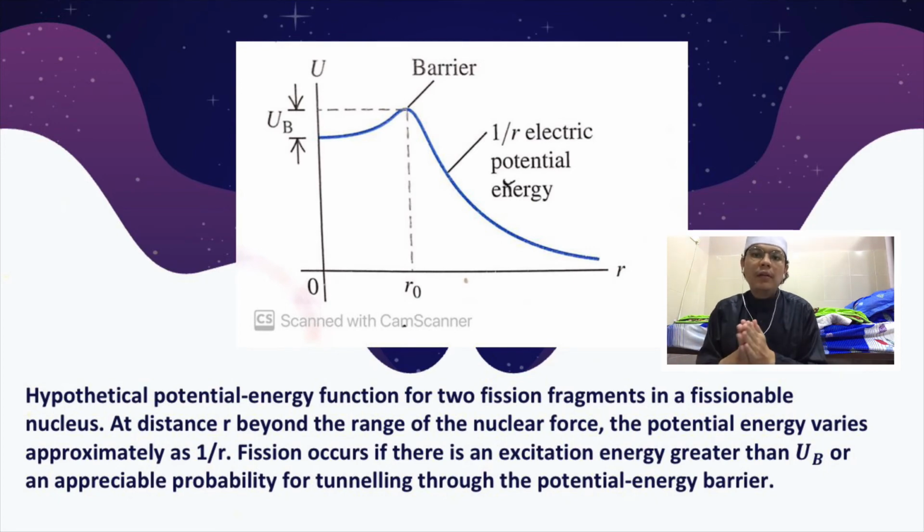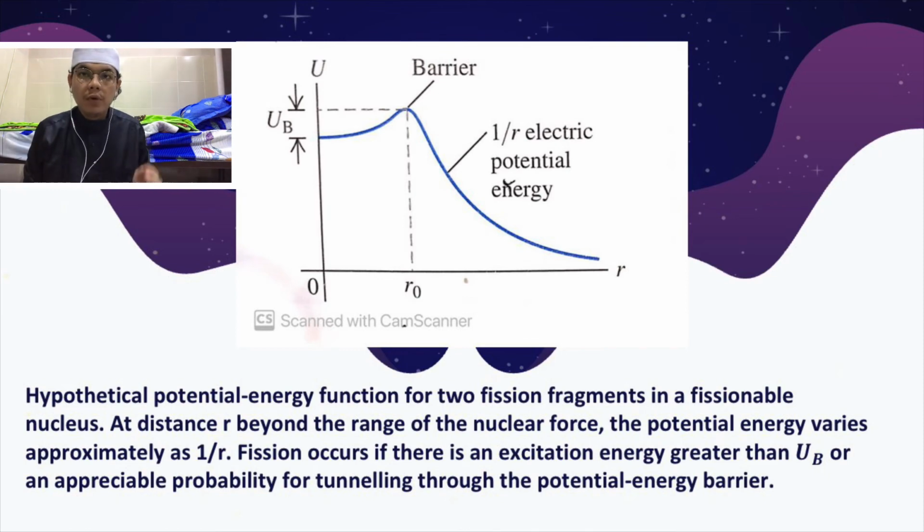So in principle, many stable heavy nuclei can fission by tunneling, but the probability depends very critically on the height and width of the barrier. For most nuclei, this process is so unlikely that it is never observed.